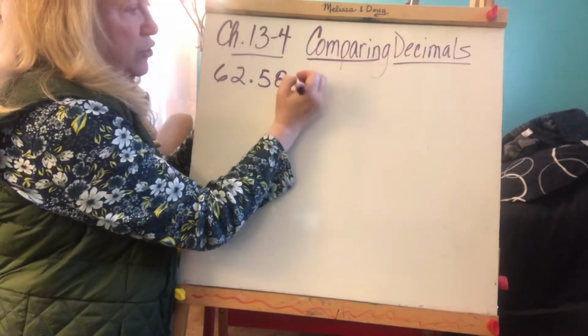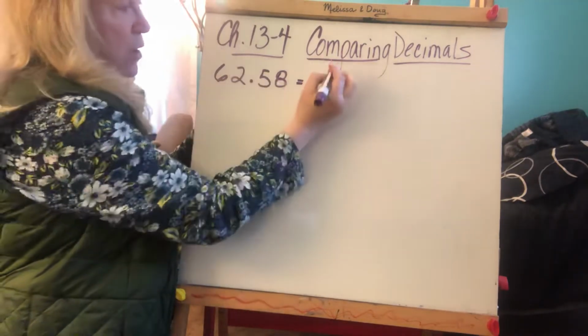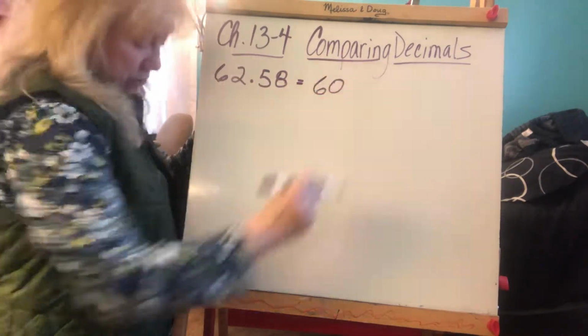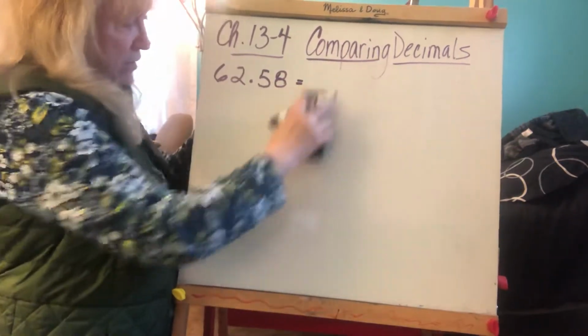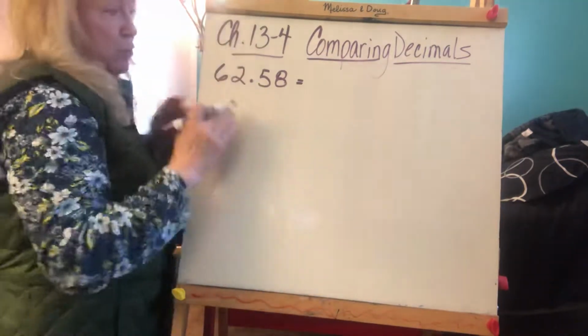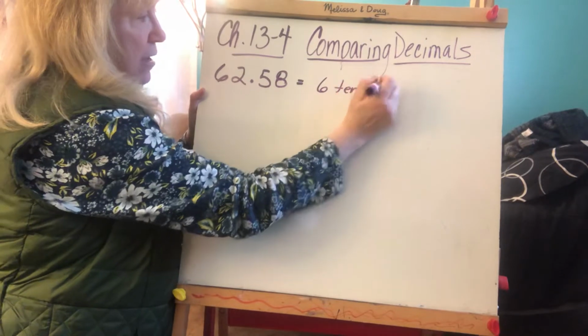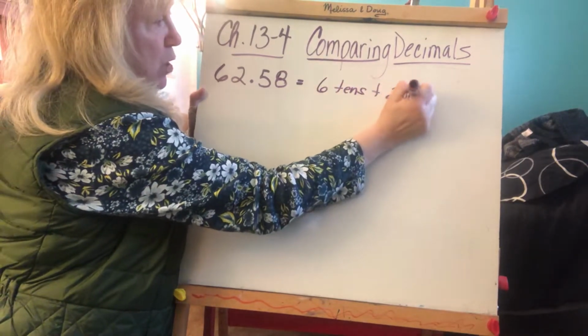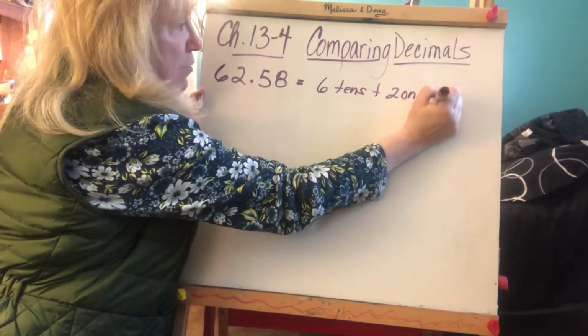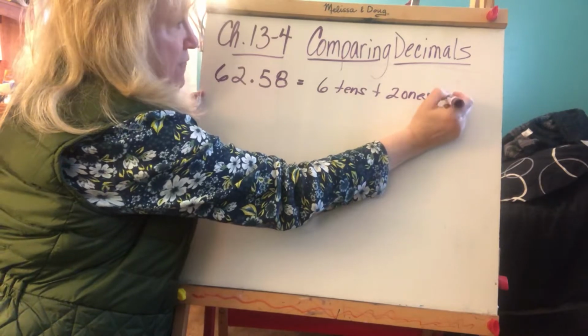So we learned how to do it in expanded form. We could do it in a couple of ways. We could do it in 2 steps, where we'd say there are 6 tens plus 2 ones plus 5 tenths plus 8 hundredths.